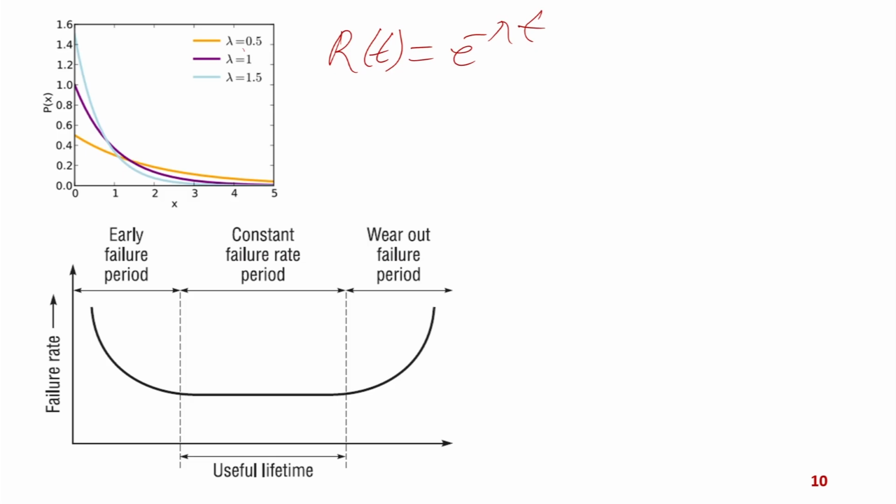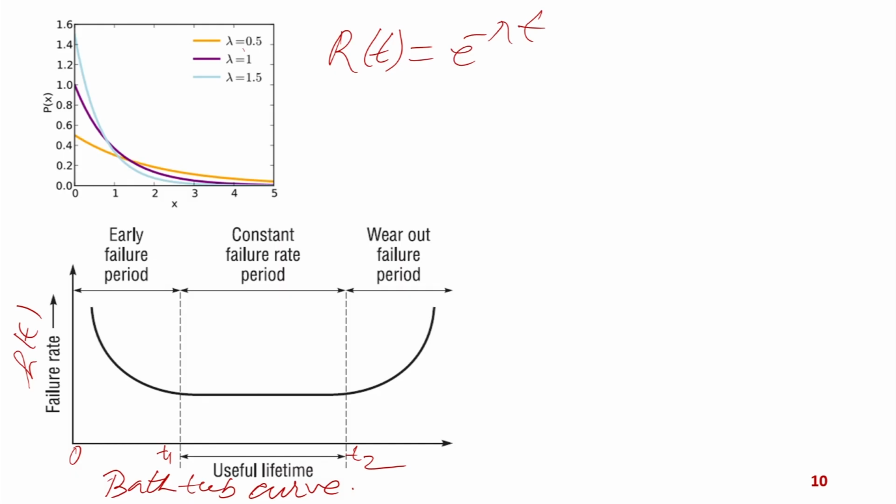Now we will define a very important curve that is called the bathtub curve. This is the failure rate, h(t), and you see the failure rate is constant here. We will define the terms here, maybe this T1 and this is T2, and this is 0, where it starts.